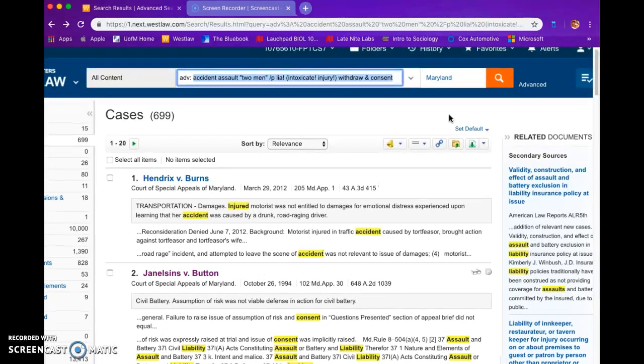I typed accident assault, and then in quotation marks, "2 men," /p for within the paragraph, then in parentheses LIA!, with the exclamation point, which will give me a search of liability and liable, etc. Then I put in parentheses intoxicate! and injury!, both with the exclamation points, which will bring out intoxication, intoxicated, and injury, injured, however you may look at it. And then at the end, I put withdraw! and consent.